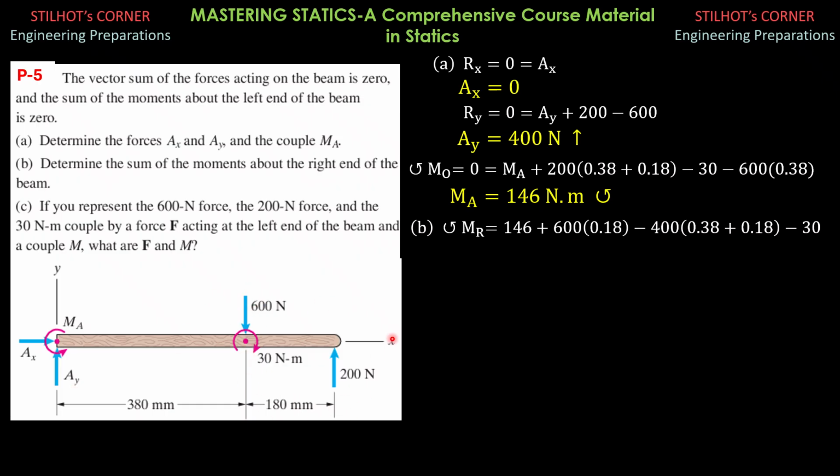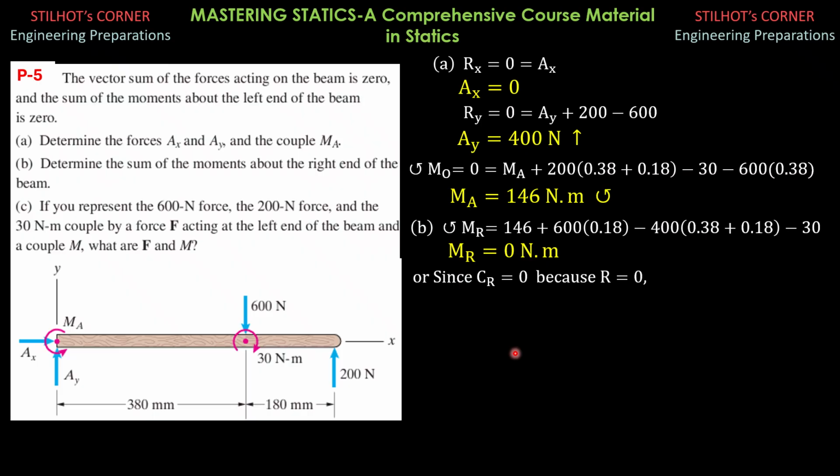This is counterclockwise positive. Then minus AY times 0.38 plus 0.18, then minus 30 Newton meter. So MR is of course 0 because the resultant is 0 and the resultant couple is also 0. So this is the other explanation and that's the expected result.